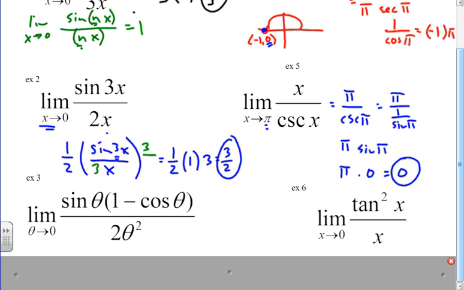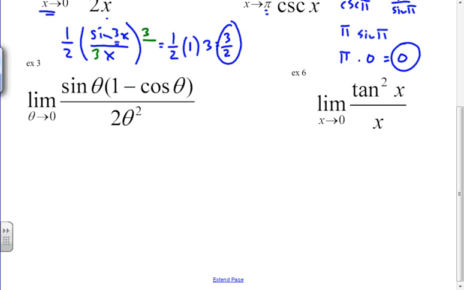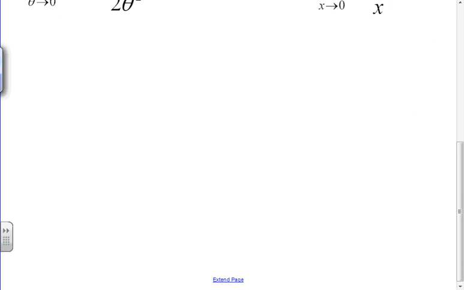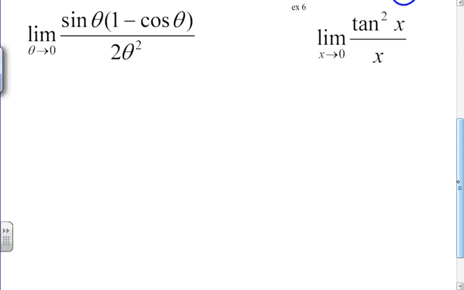All right. Well, let's try these two to finish up using those. Okay. Well, now we have sine of theta. Theta is just like the x value. And we have cosine of 1 minus cosine theta, then we have this 2 theta squared.